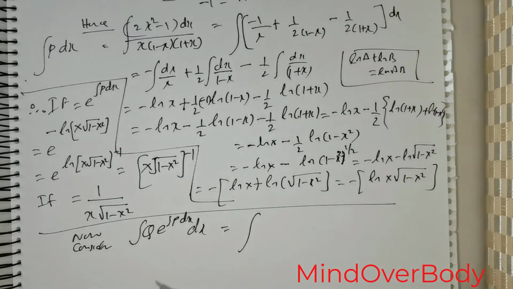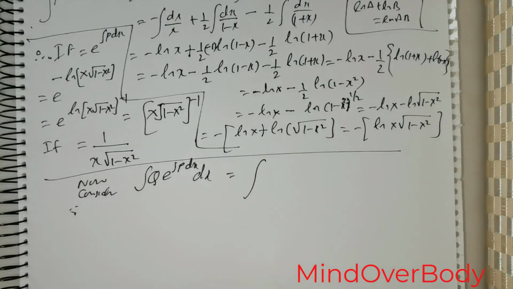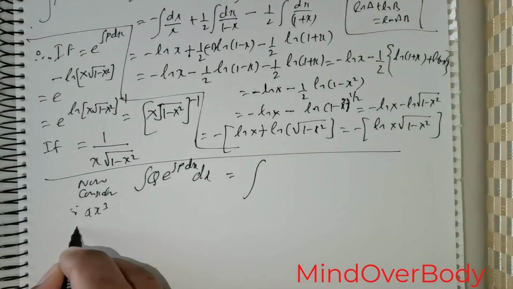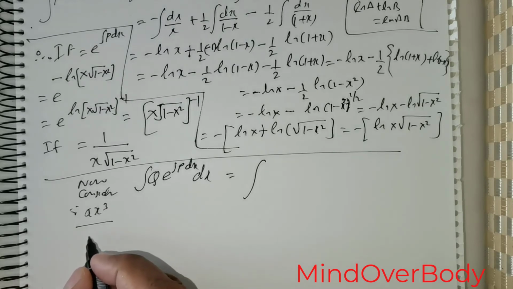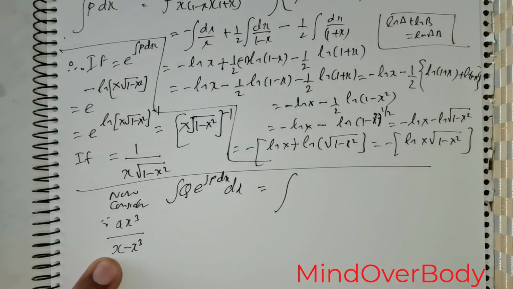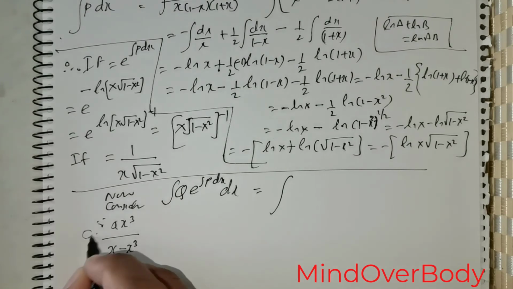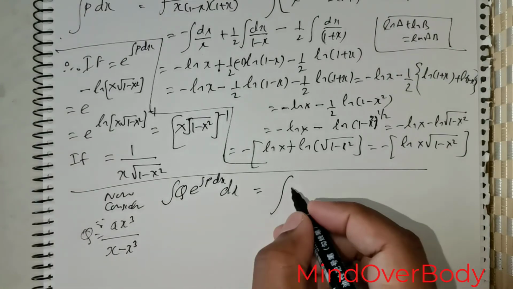From the question, we know that q is a times x cubed divided by x negative x cubed. This is our q. That is exactly what I have just written here for my q. So I have to take this and substitute here.